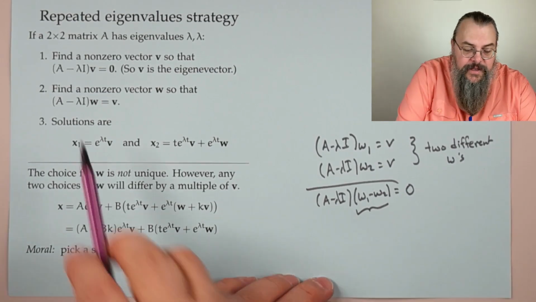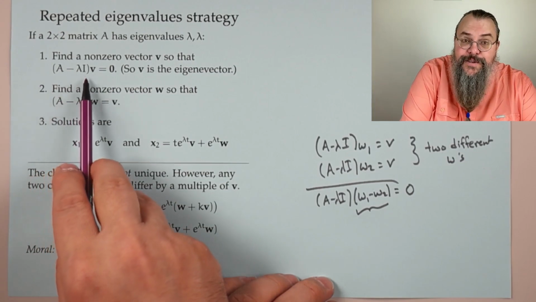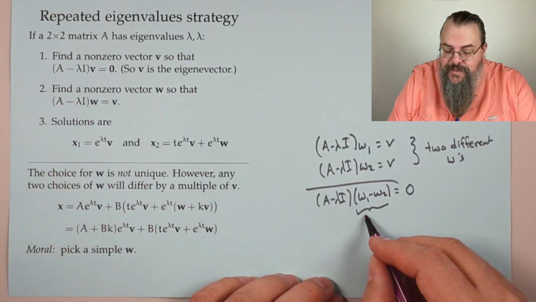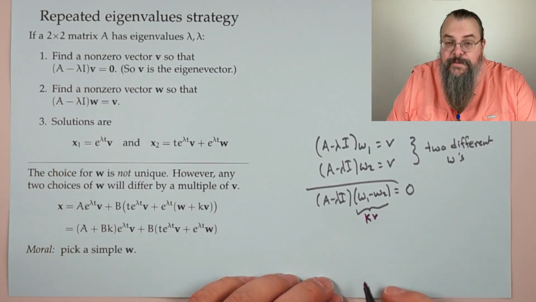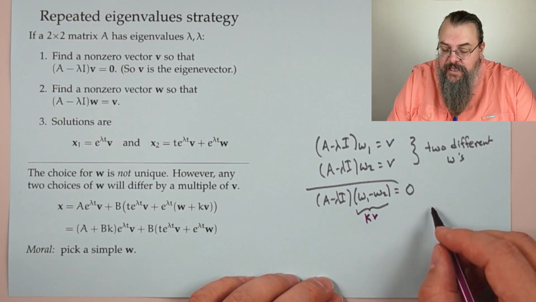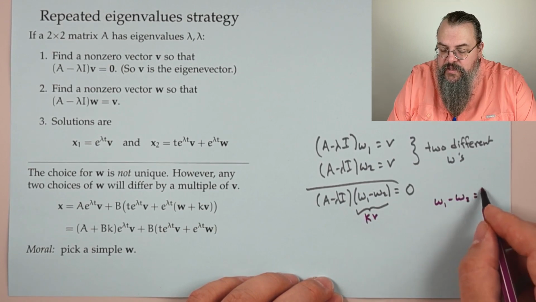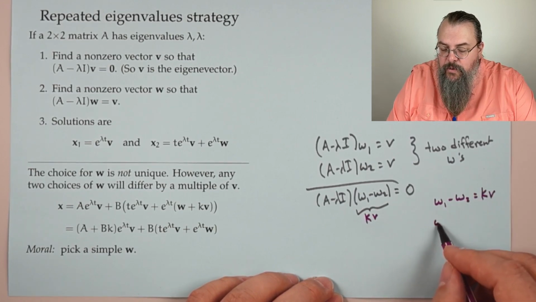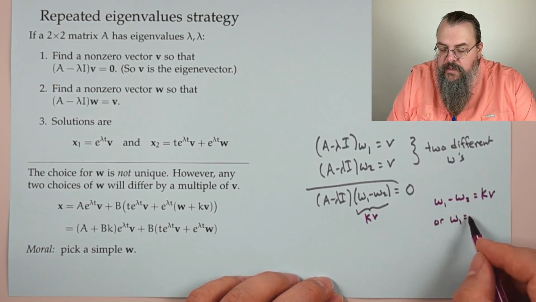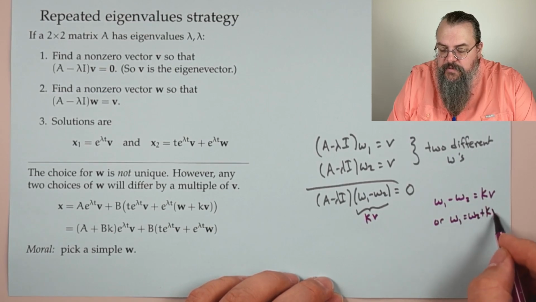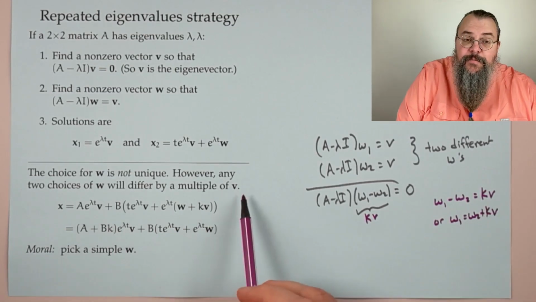Because remember, how do you find the eigenvector? It's A minus lambda I times something equals 0. So w1 minus w2 is just some multiple of v. Or you could say, look, w1 is w2 plus a multiple of v. So that's what this statement means.